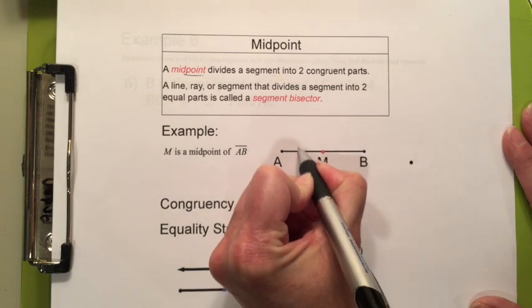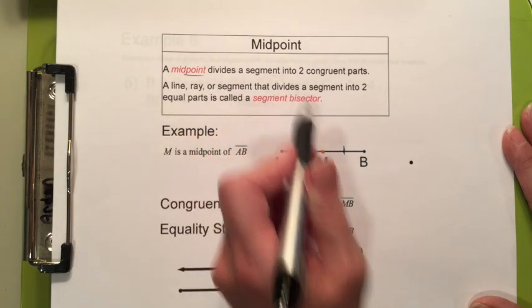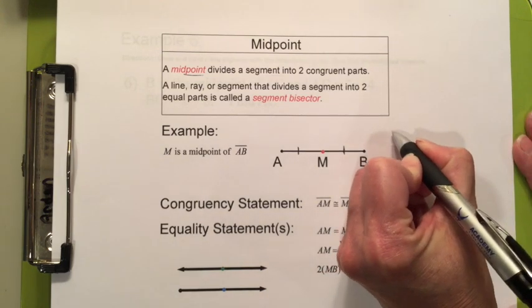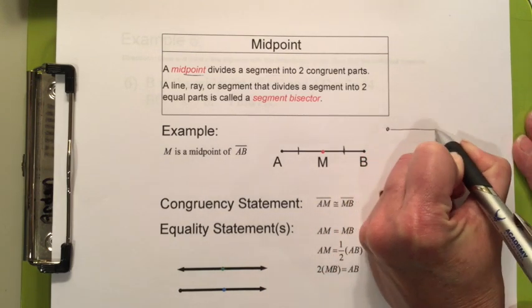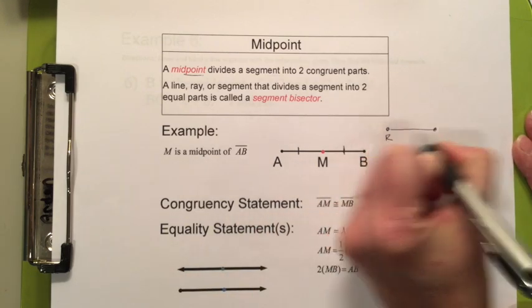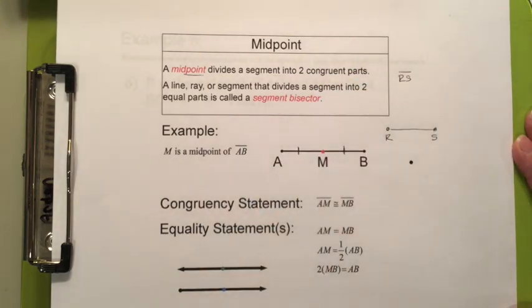And we make the notation of two equal parts on a segment with two markings like that. If it were a line, a ray, or a segment dividing another segment into two equal parts, that would look more like this, where you would have a segment, let's call it segment RS, right?